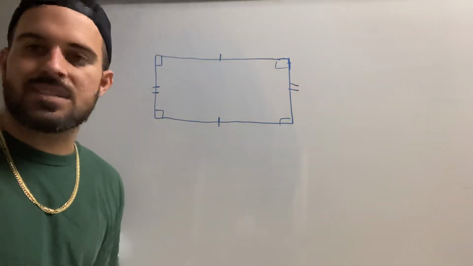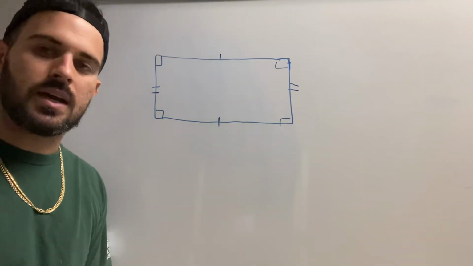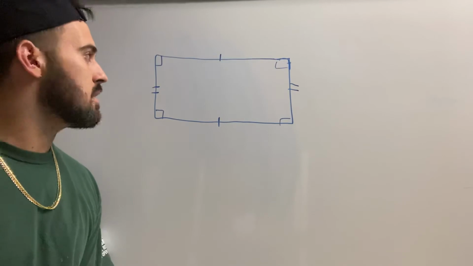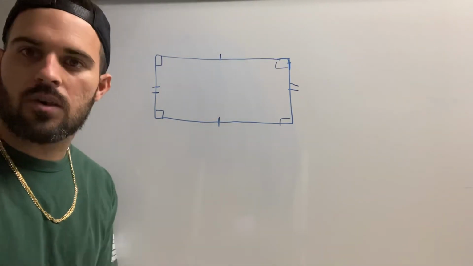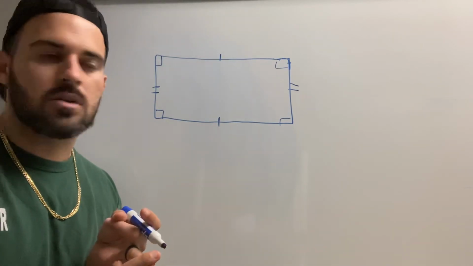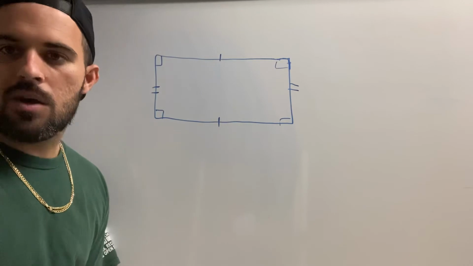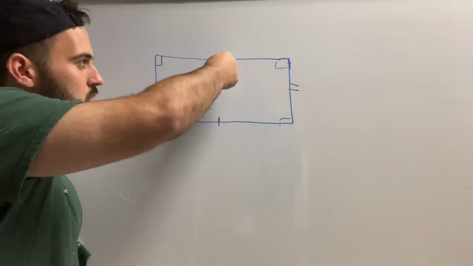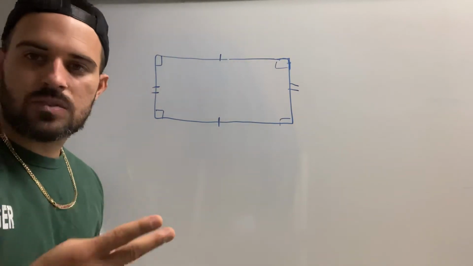I feel like identifying the polygon is simple because we can just count the sides, but now identifying it as regular or irregular is where we're getting stuck. Now, how can I tell if this is regular or irregular? So we need to think of all sides need to be congruent and all angles are congruent. Obviously, all angles are congruent here, but now let's look at the sides. Notice that these two have 1 dash and these two have 2 dashes.